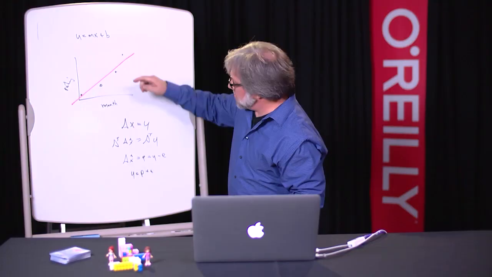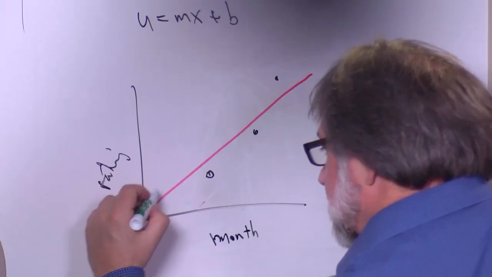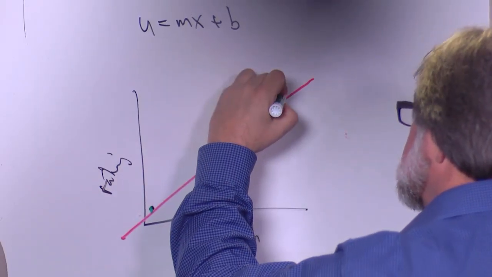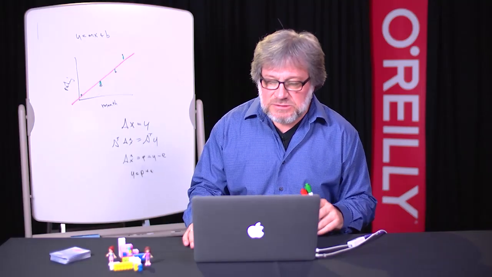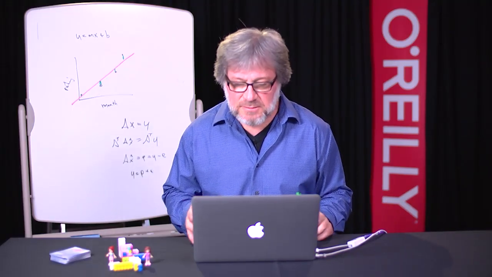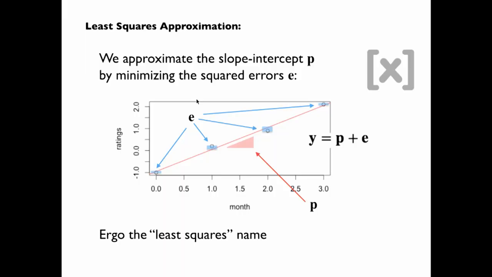So you get the errors here. Again, error there. So we approximate the slope-intercept by minimizing the squared errors in e. You can see in the drawing here we've got our slope represented by p and the intercept, and then we've got the errors represented by e. And so visually, this is what's going on when you do the matrix math.